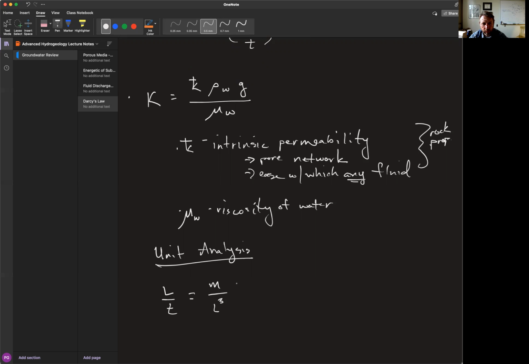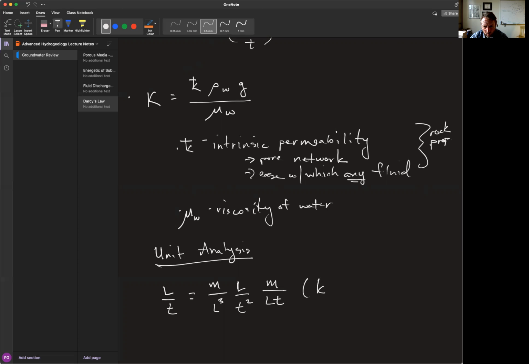Gravity is length per time squared. And viscosity is mass over length time.